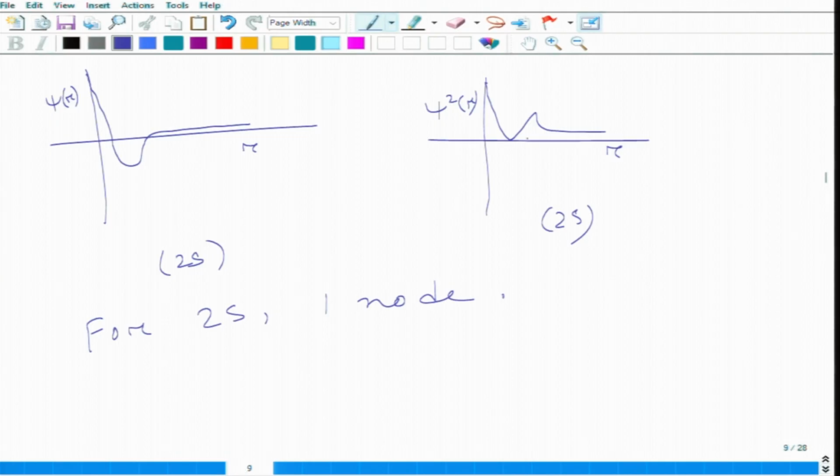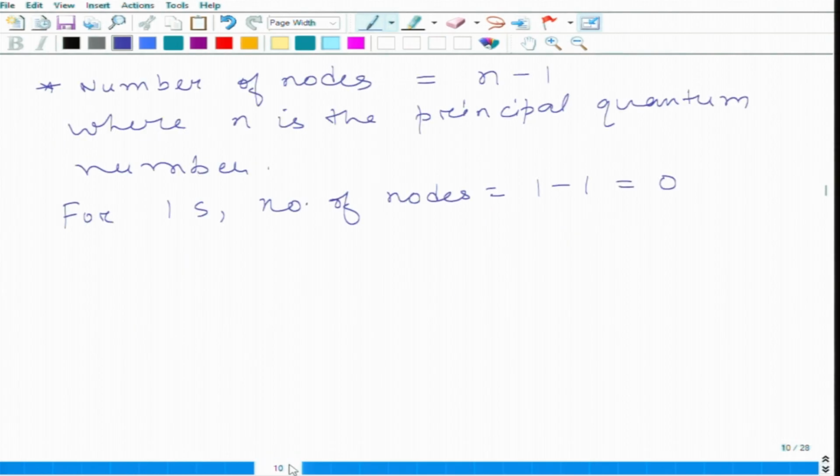But in the graph of 2s, we see that the probability density function reaches 0 at one point, and mathematically for 2s, the number of nodes will be 2 minus 1, that is 1. So we get that there will be 1 node for 2s and 0 nodes for 1s.